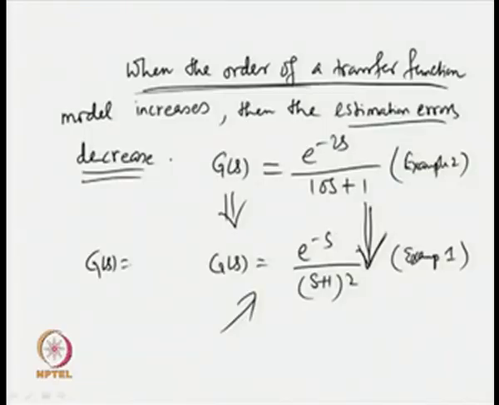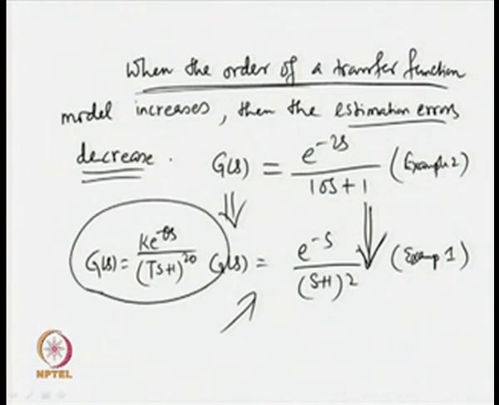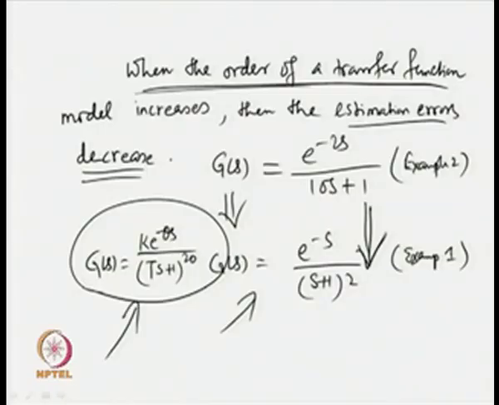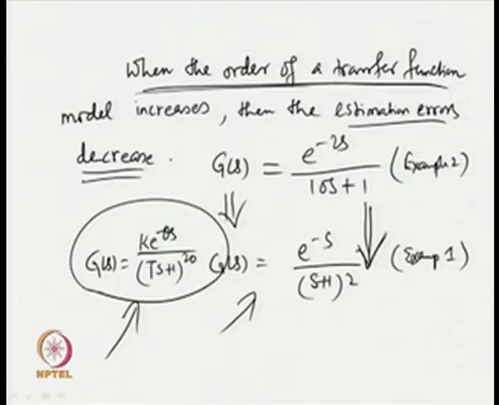So, if you use further higher order transfer function models like G s is equal to some k e to the power minus theta s upon T s plus 1 to the power 20, then some of the poles of this transfer function can behave as filters and smoothen the measurement noise associated with the limit cycle output and give you a transfer function model with parameters having less estimation errors.